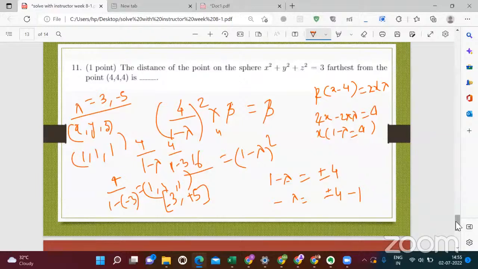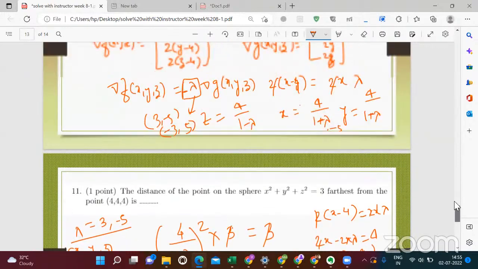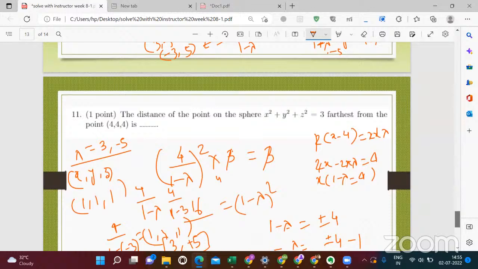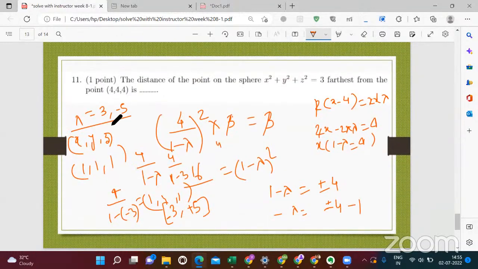It should not make any difference from my point of view. Whatever 4-5 questions I solved, from the start we solve taking positive only, and it didn't make any impact. Here also it will not make an impact. If I'm getting 3 and minus 5, you'll get minus 3 and 5, right?